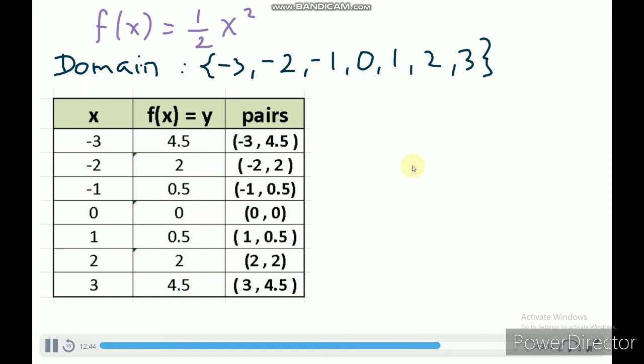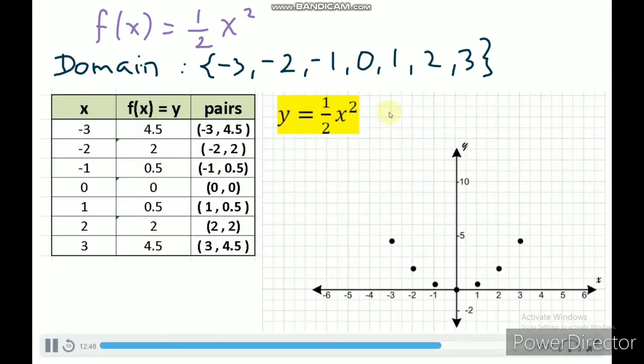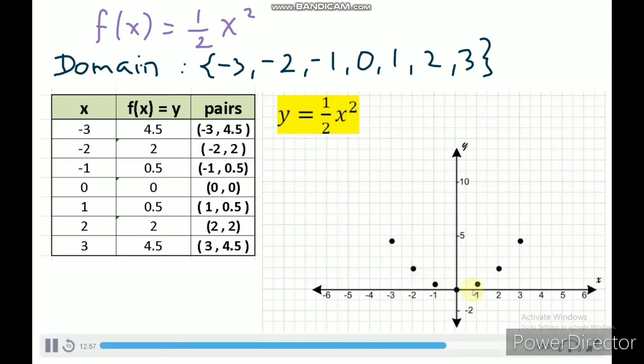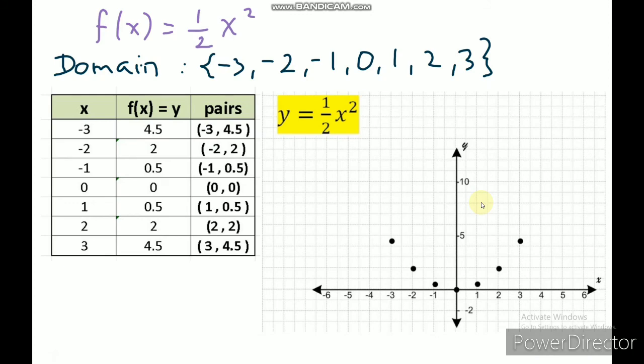If I graph it like this, this graph only consists of 7 dots, 7 ordered pairs. That's all. So this graph depicts consistently the domain and the solution: only 7 solutions, since the domain regulates that you can only involve 7 values of x.